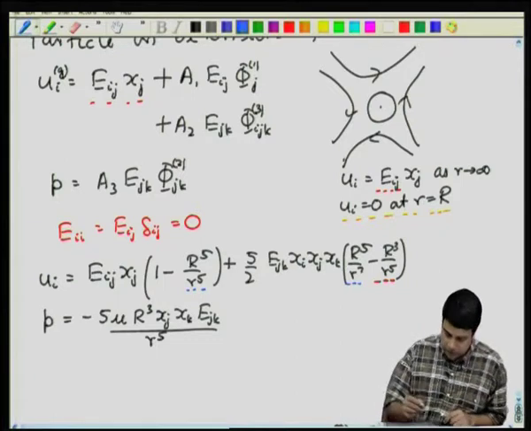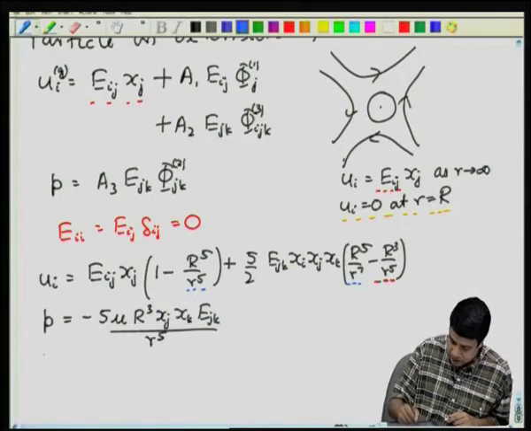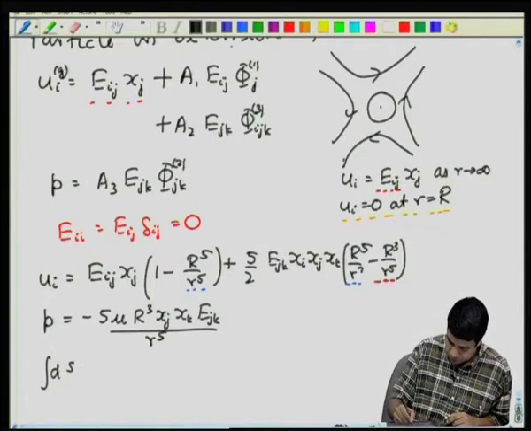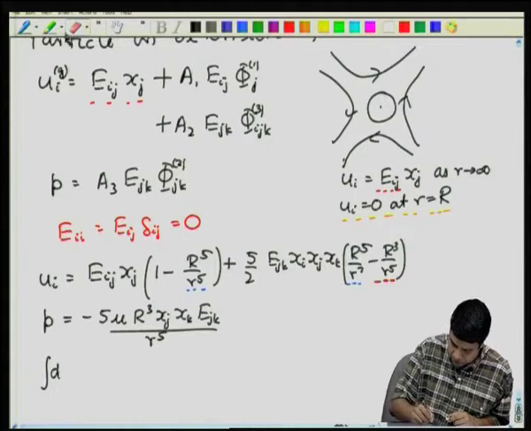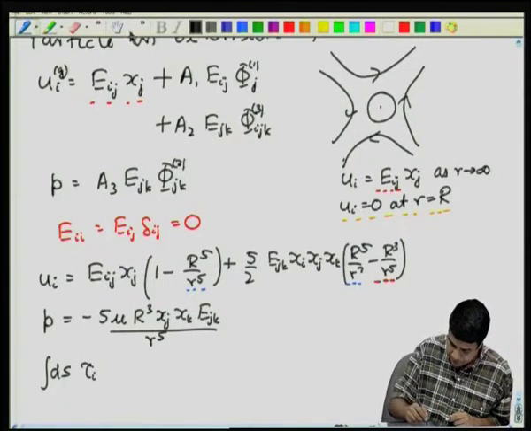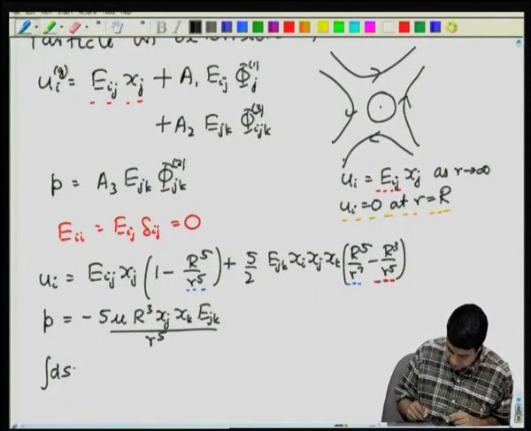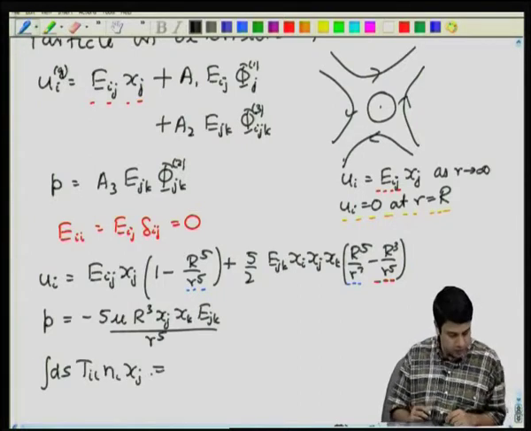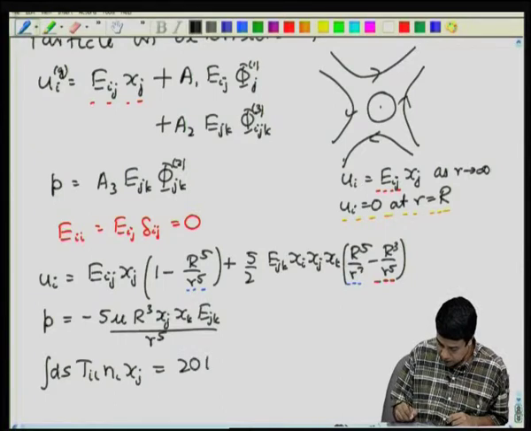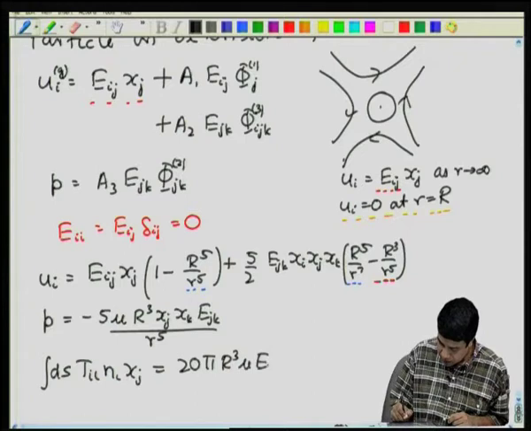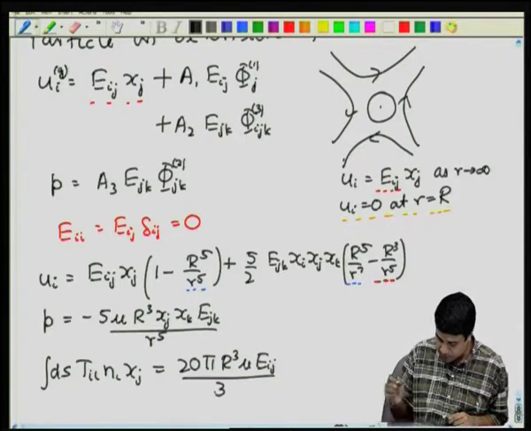If you calculate it, the integral over the surface of dS of tau il nl xj turns out to be equal to 20 pi r cubed mu Eij by 3.